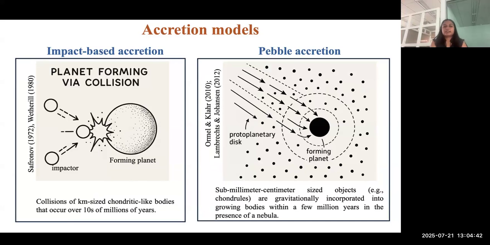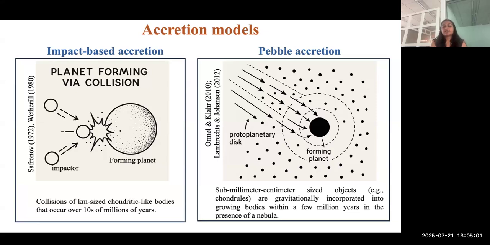So impact-based accretion demonstrates how planets form via collision between kilometer-sized or hundreds-of-kilometer-sized objects over tens to hundreds of millions of years. One example could be collision between chondrite parent bodies or meteoritic parent bodies.